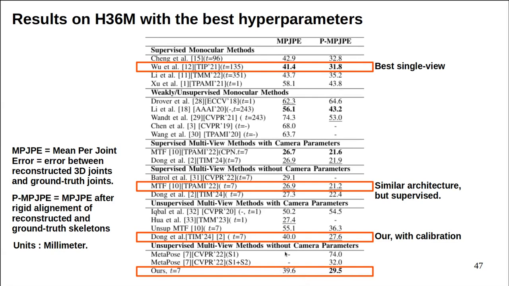But for instance, in terms of MPJPE, we only have, let's say, 2 millimeters difference between our multi-view setup and the single view setup here. However, this approach is still supervised. The biggest impact for which multi-view approaches might help are occlusions, and in the H36M dataset there are no occlusions actually.